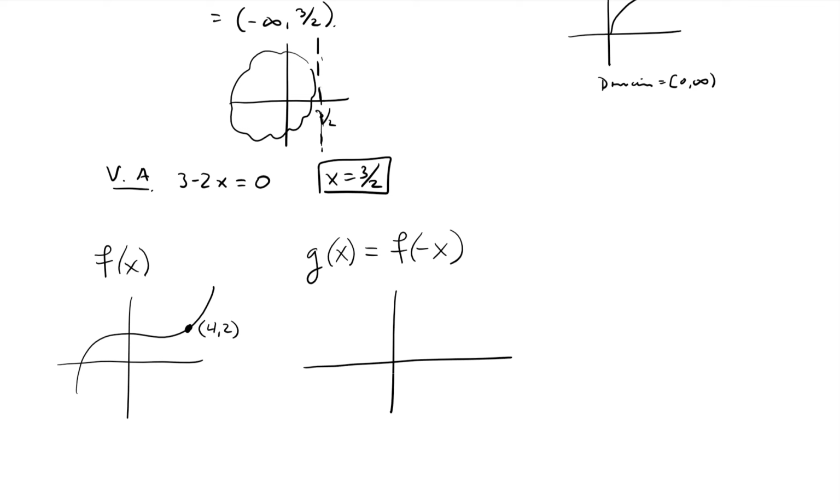To get a y value of 2 on the graph of g, what would you need to replace x by?